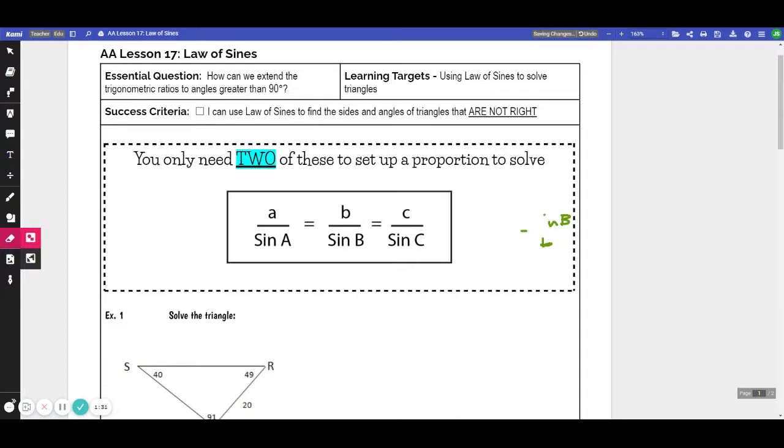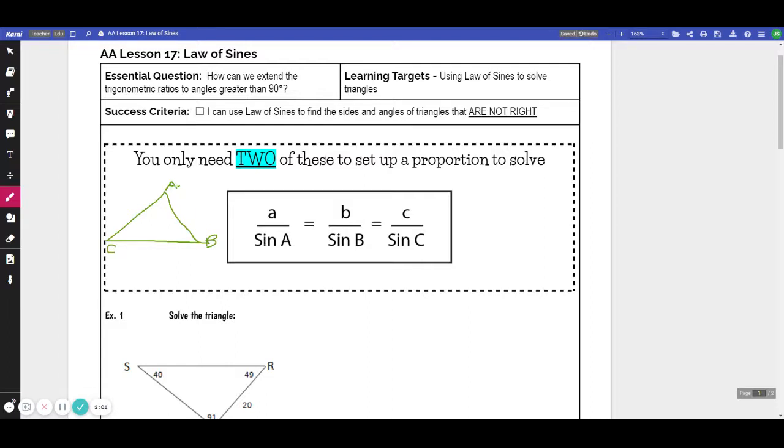Remember that the capital letters refer to angles and the lowercase letters refer to sides, and the sides and the angles are across from each other. So let's say we have a triangle ABC. The capitals are the angles.